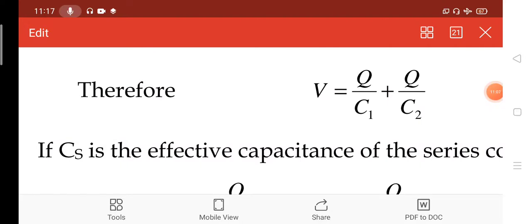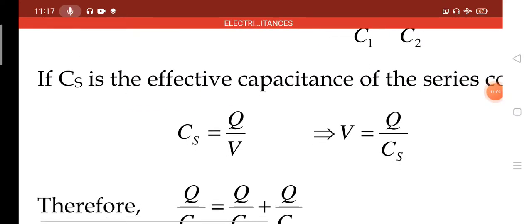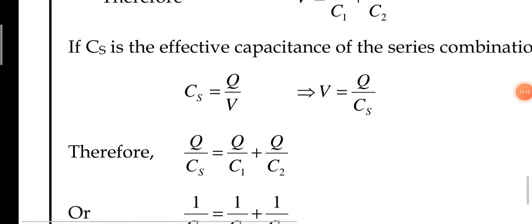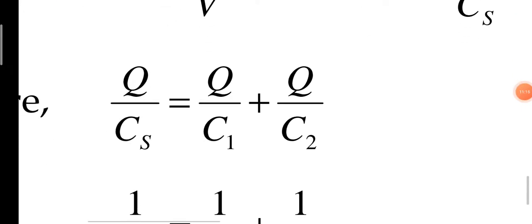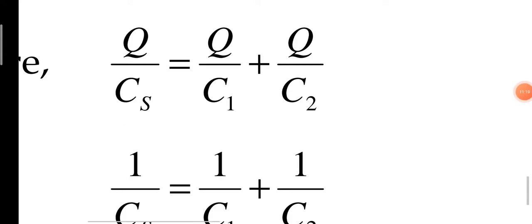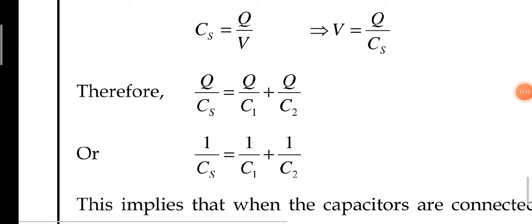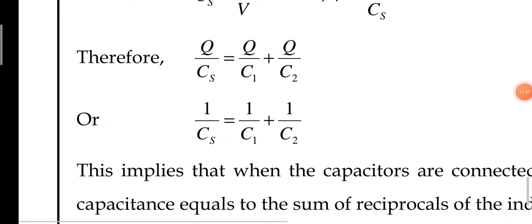Comparing, Q by CS equals Q by C1 plus Q by C2. Q cancels on both sides, so the effective capacitance in series combination is 1 by CS equals 1 by C1 plus 1 by C2.